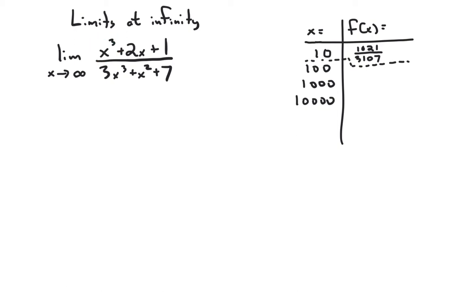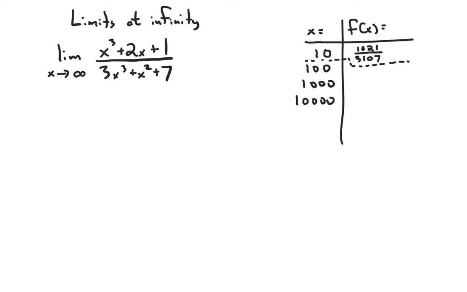So let's plug in x equals 100 into this equation, and we get 100 times 100 times 100. 100 times 100 is 10,000, times 100 again is 1,000,000, so we get 1,000,000 plus 200 plus 1.